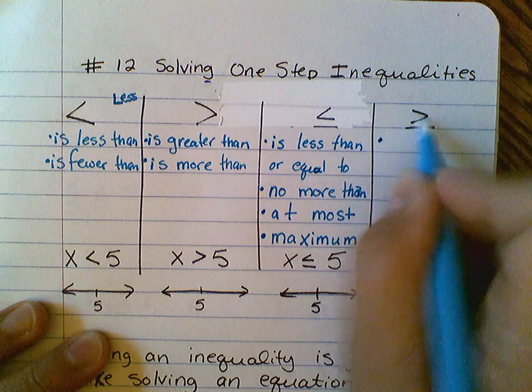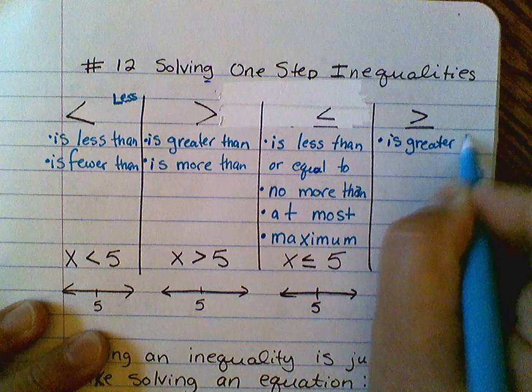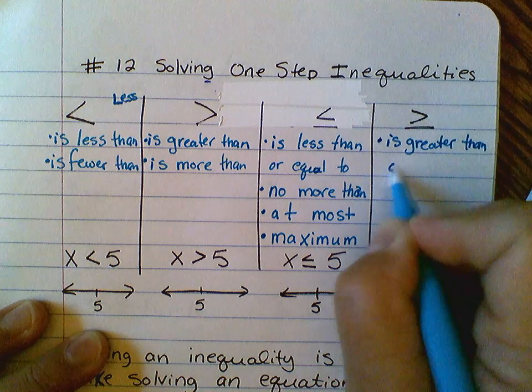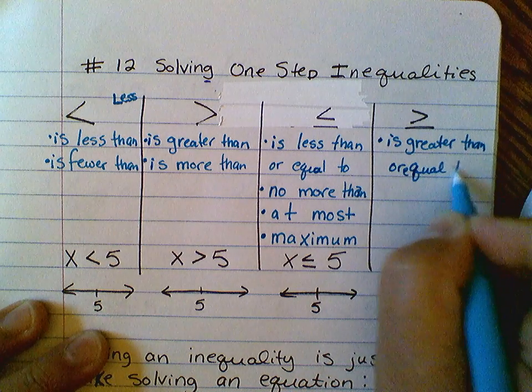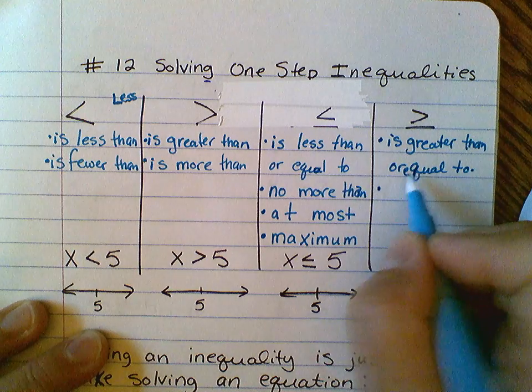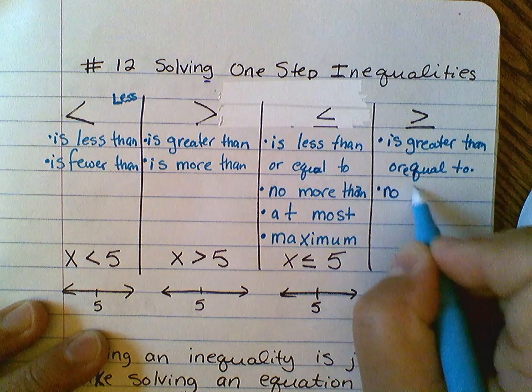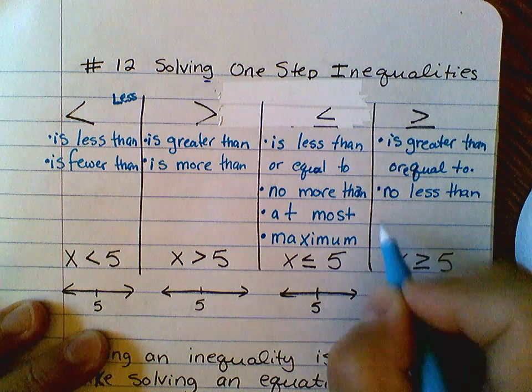And then lastly, we have the greater than or equal to. And another way to say this is no less than, because it can only be greater than or equal to.